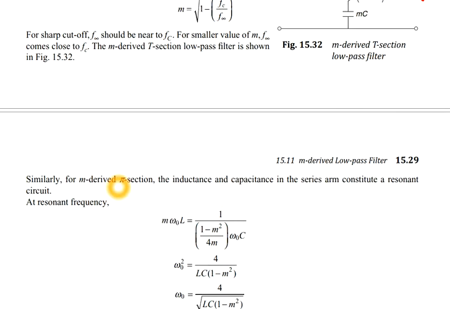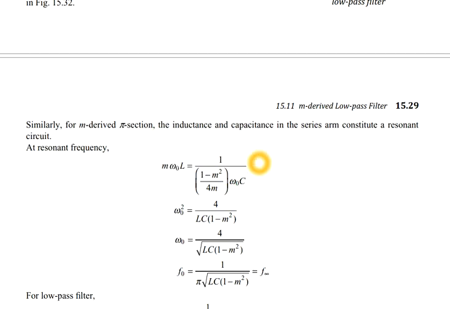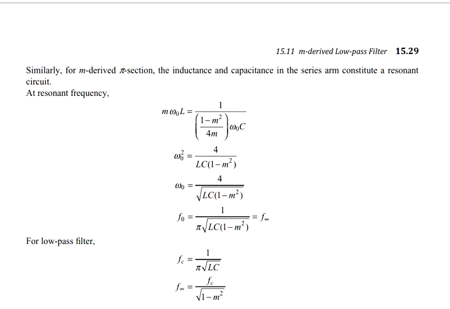So similarly for the m-derived pi section also we can get all these things. The inductance and capacitance in the series arm constitute a resonant circuit, because there you will get parallel resonance, and the condition will be inductive reactance equal to capacitive reactance. With that condition, you will get f naught, which is nothing but f infinity.